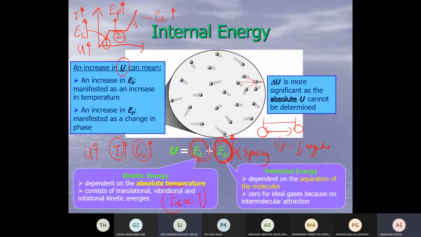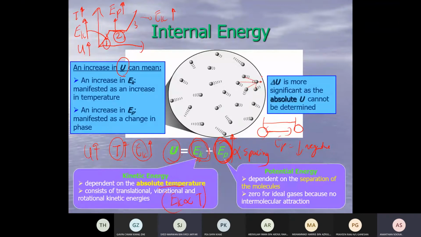So at 2 also internal energy rises, but by increasing a different energy, EP. Whenever there is a phase change, EP changes. Whenever temperature rises, EK changes. So both contribute to internal energy.